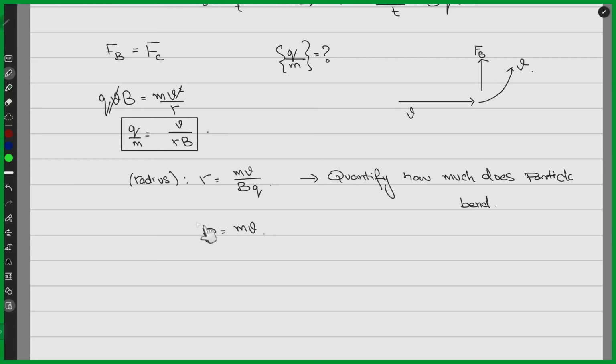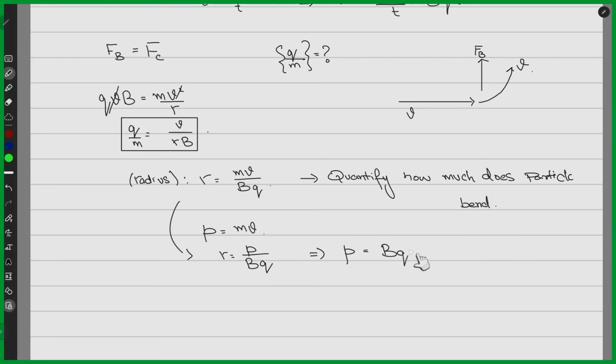So if I write p equals mv, then the above equation transforms as r equals p over Bq. Then I can make p the subject, and this becomes Bqr.